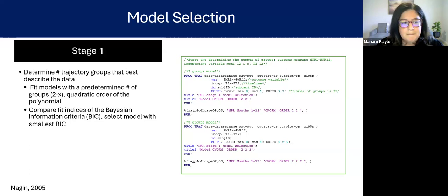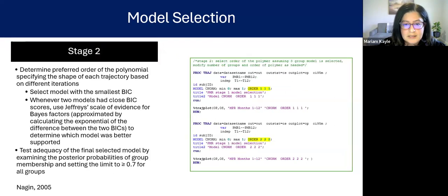And then we compare the fit indices on that first model to determine the number of groups that best describe the data. And I've historically used BIC as recommended by Nagin, who is the lead on this methodology, and select the model with the smallest BIC. So the first stage is to run iterations of different numbers of groups to determine what number of groups best describe the data using BIC.